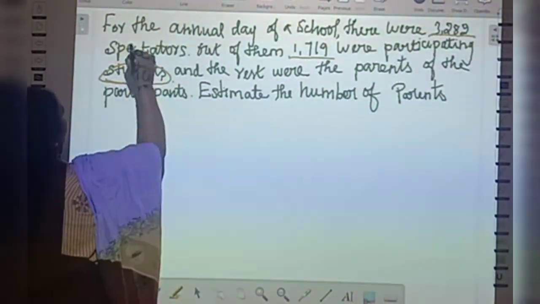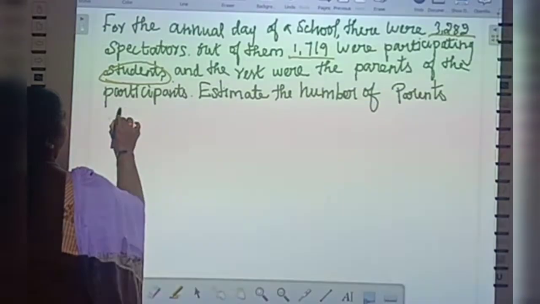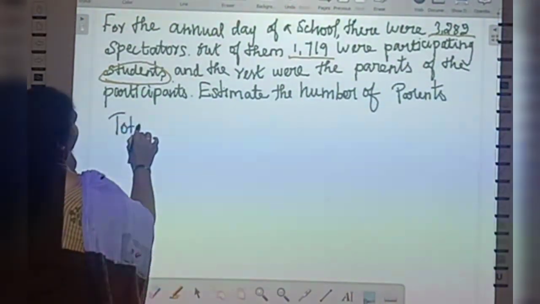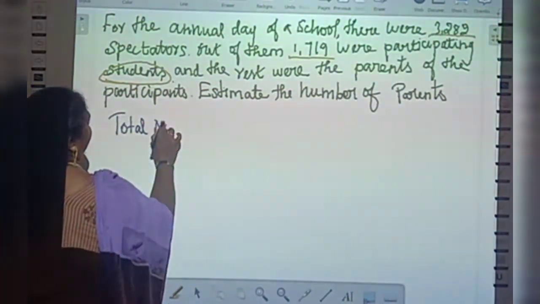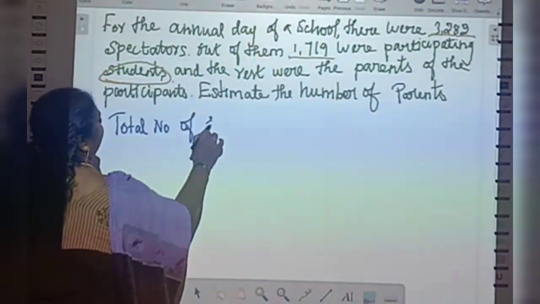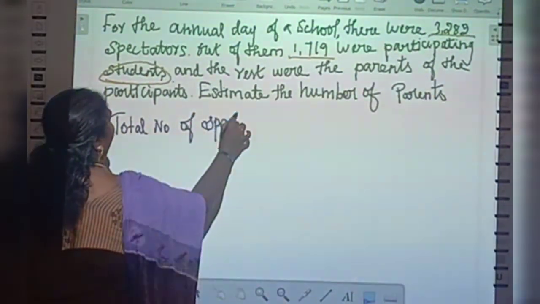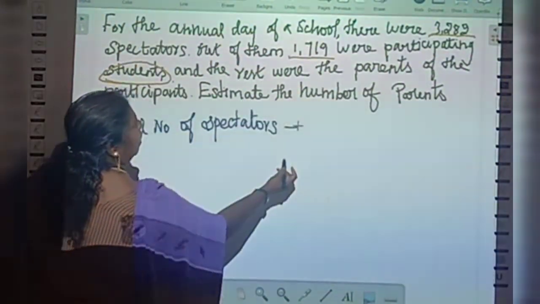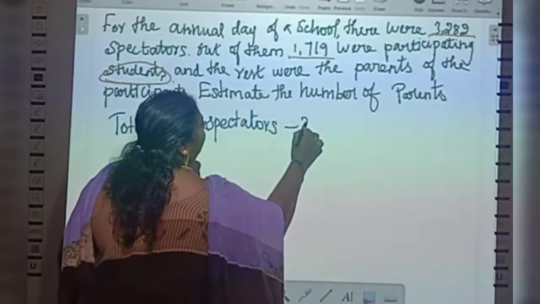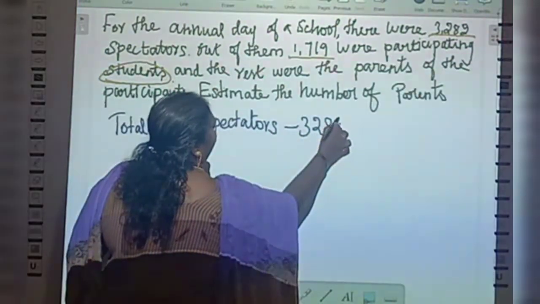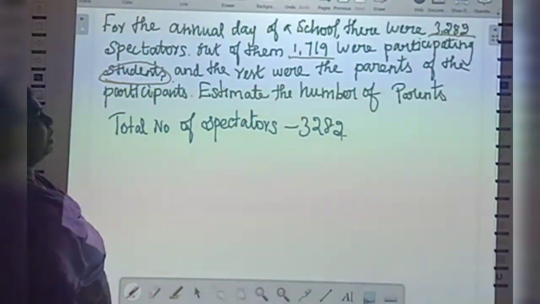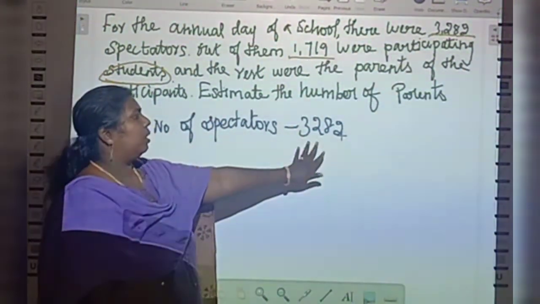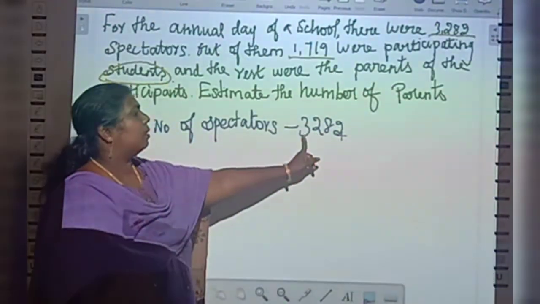Here, total number of spectators. How much? 3,282. Here we are going to estimate the value. Actually, here is a 4-digit number, that means ones, tens, 100, 1,000.